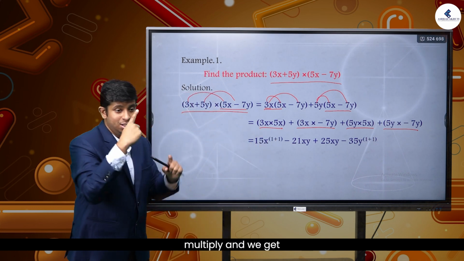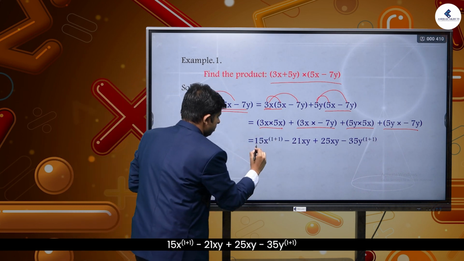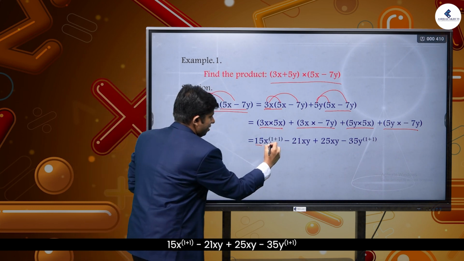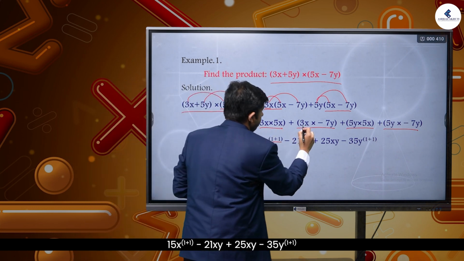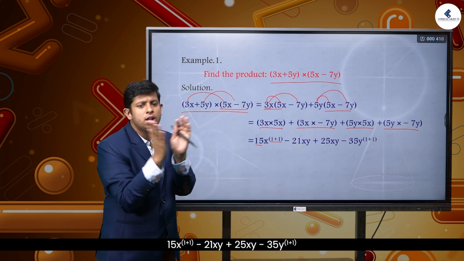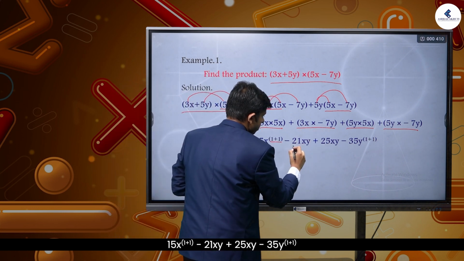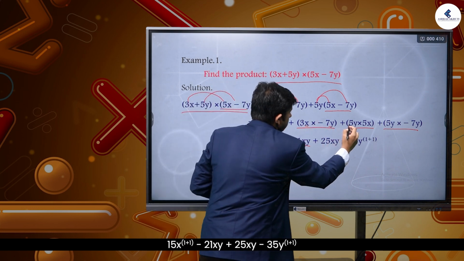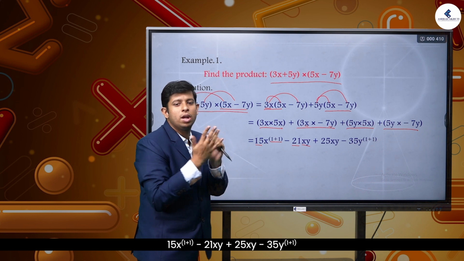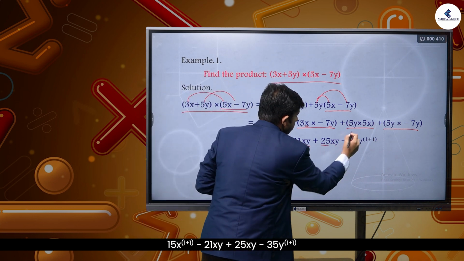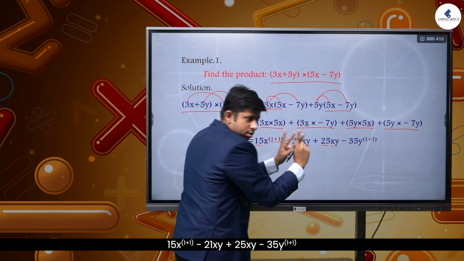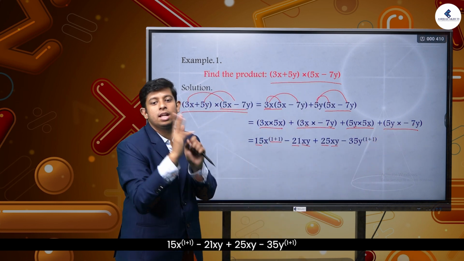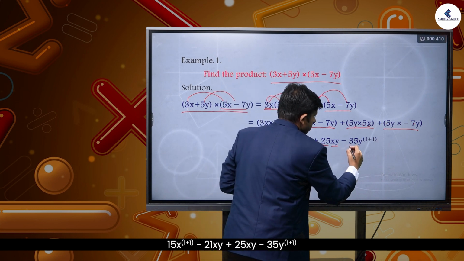We multiply and we get 15x to the power of 1 plus 1. Bases are equal, powers are to be added. Minus 21xy plus 25xy. Plus into minus, we get minus 35y to the power of 1 plus 1.